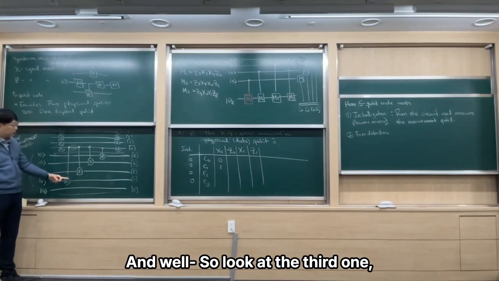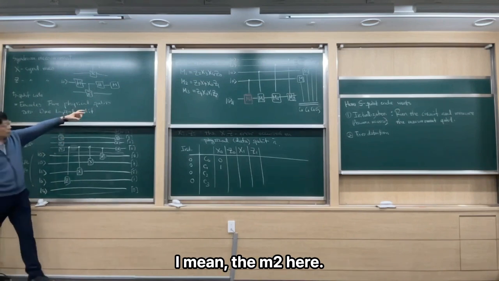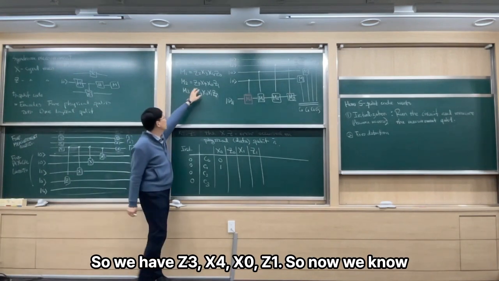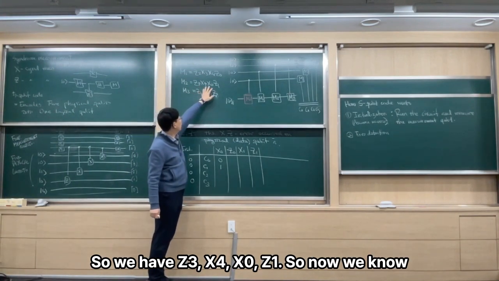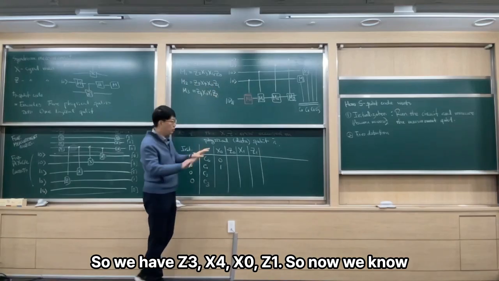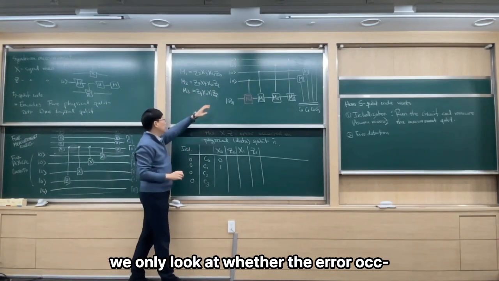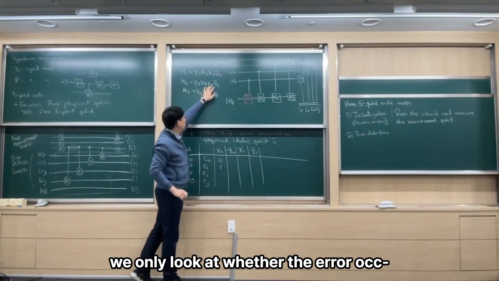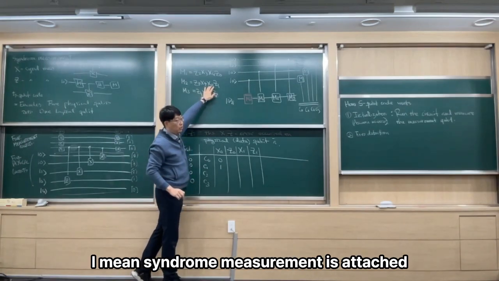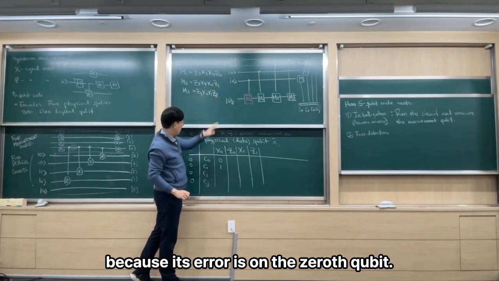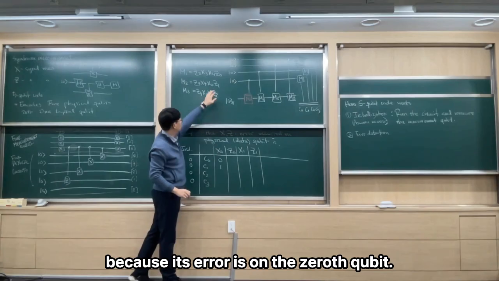Now look at the third one, the M2 here. We have Z3, X4, X0, Z1. We don't care about the other qubits. We only look at whether the syndrome measurement is attached to the 0th qubit, because the error is on the 0th qubit.